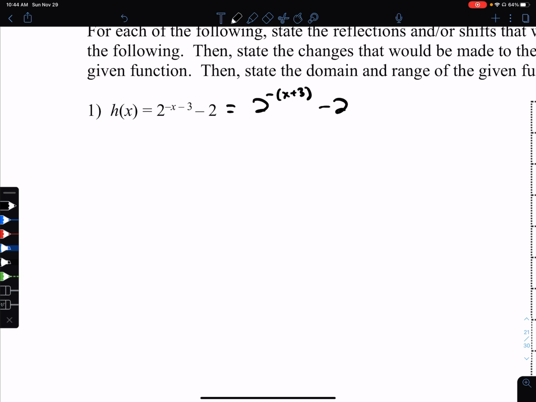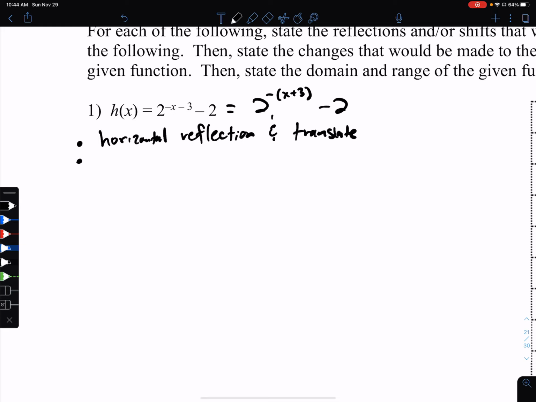So as far as transformations go, there's going to be a horizontal reflection and translating left 3. Horizontal reflection because we're multiplying the inside by a negative.